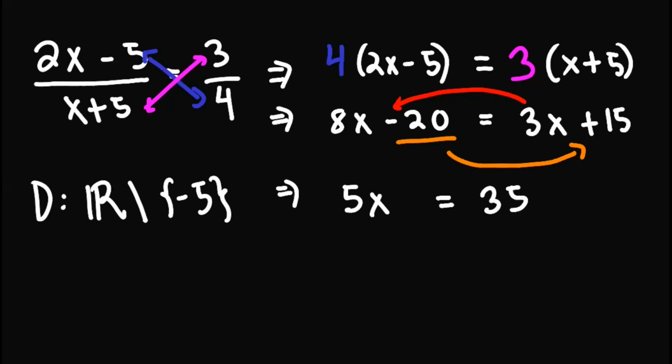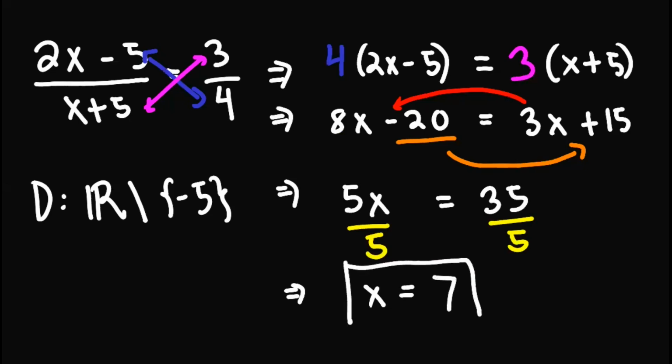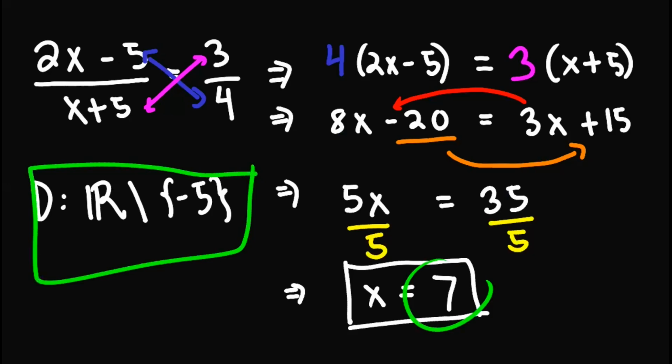Lastly, we divide 5 both sides. This will give us x equals 35 over 5 is 7. And this one out here is the answer for this rational equation. 7 can be considered as our answer since 7 is part of our domain.